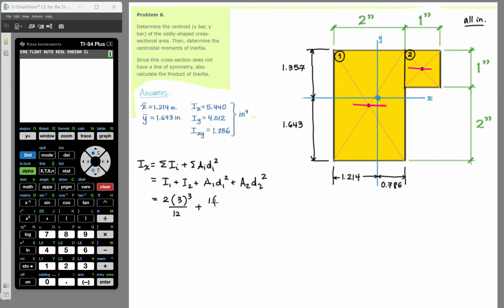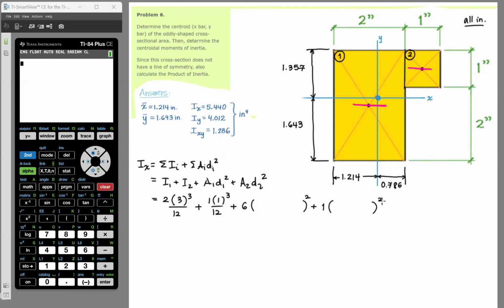I2, base of 1, height of 1, cubed, divided by 12. Area 1 is 6. Distance 1 is something. Area 2 is 1. Distance 2 is something, and we have to remember to square it.